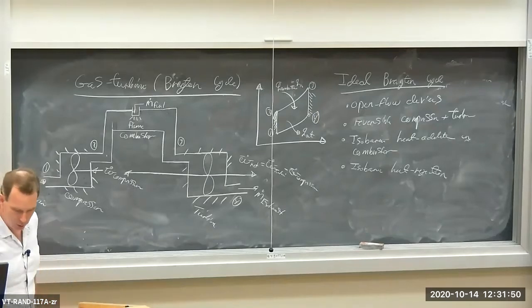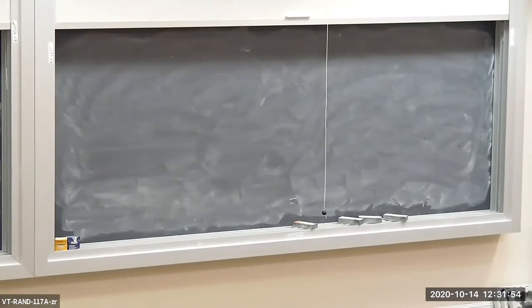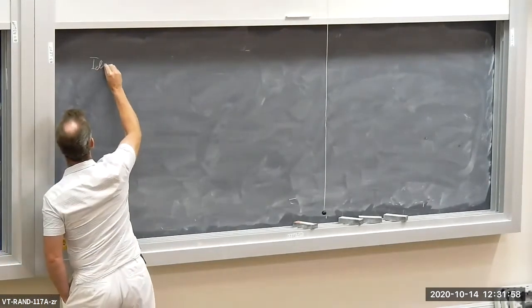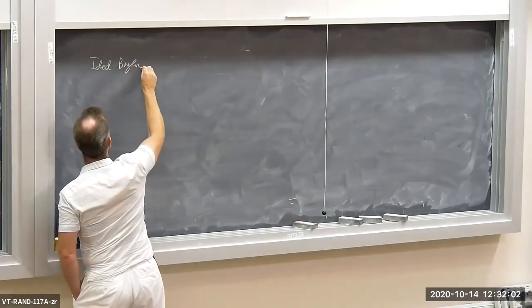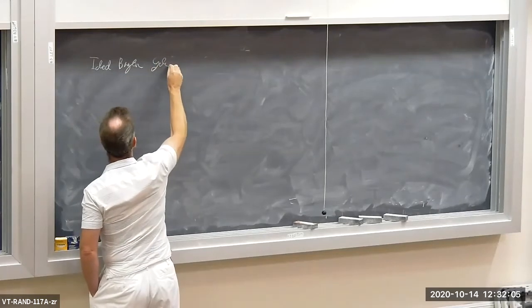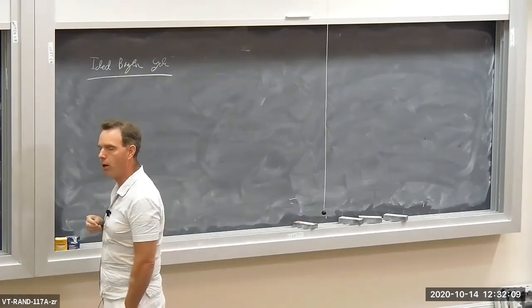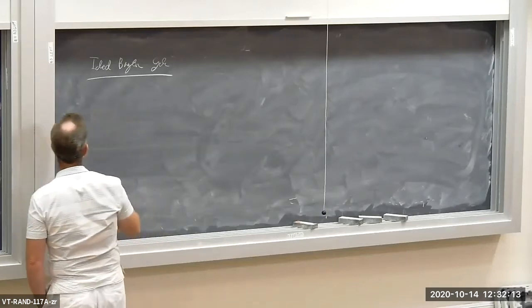So let me write these one more time over here. So again, for the ideal Brayton cycle, compressor and turbine operate reversibly, with constant pressure heat addition and rejection processes.